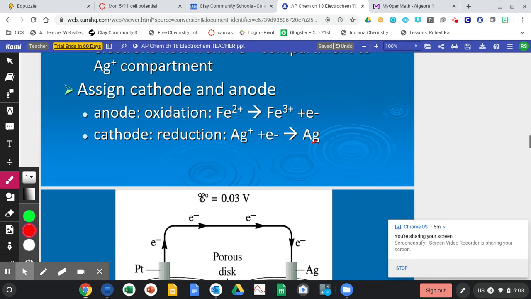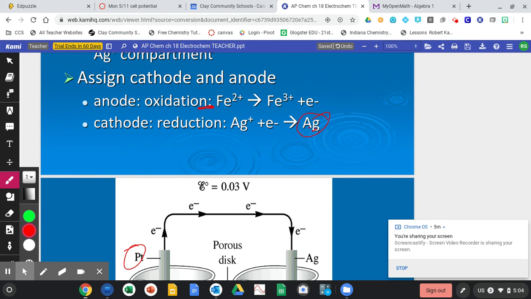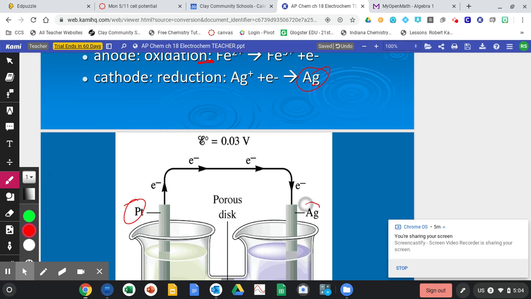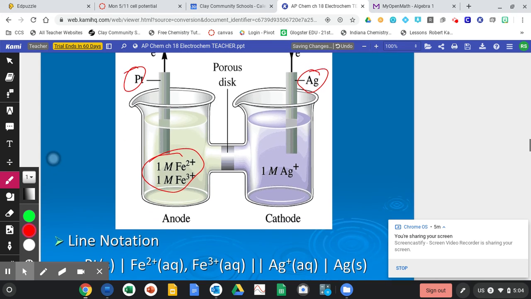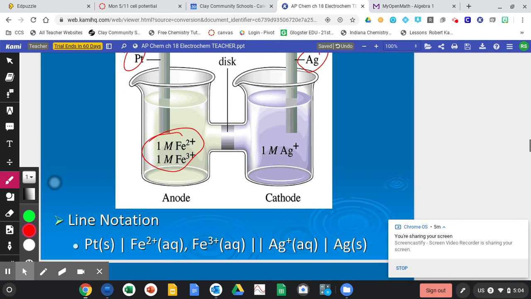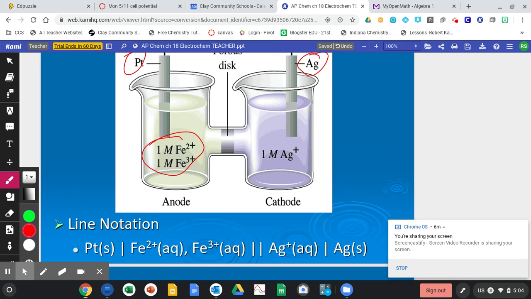Since there is no solid on this side, we are going to have platinum, but you see that solid silver here, and so you can use a silver electrode for this electron flow. You put both ions in the solution for the electron transfer to occur. So here are your different states of matter. Here, all of this is your anode.